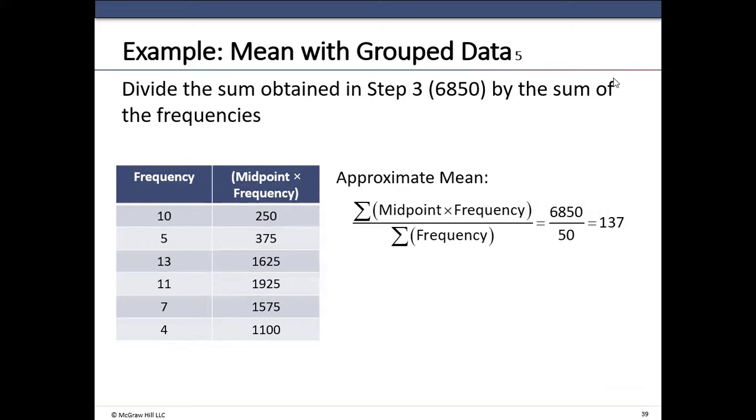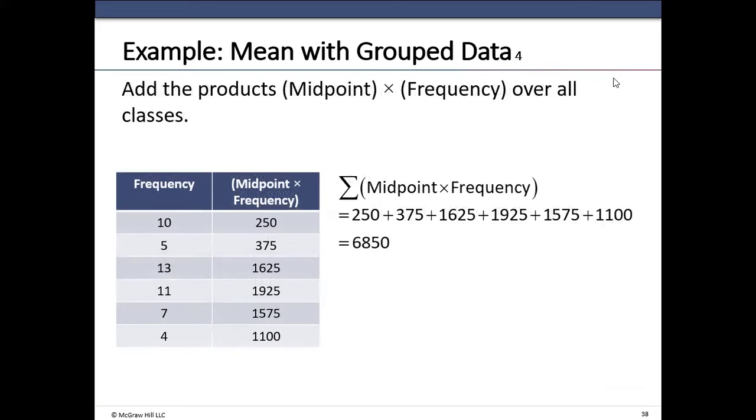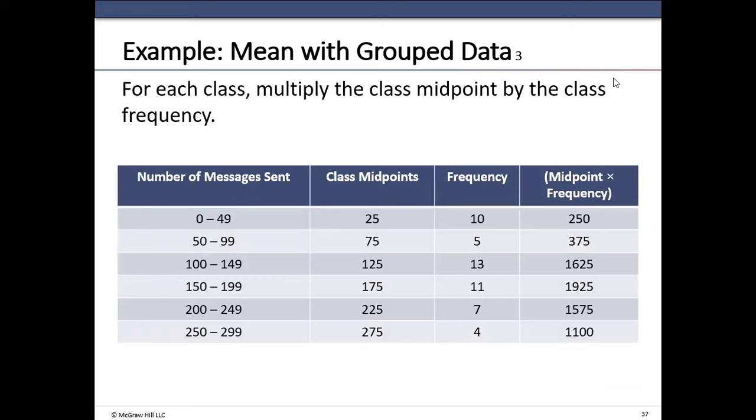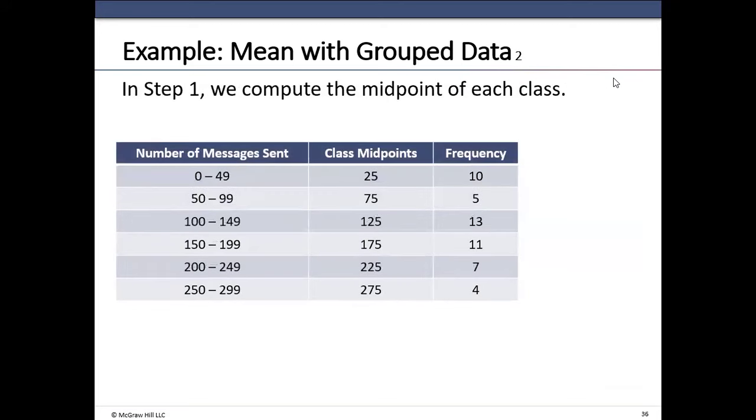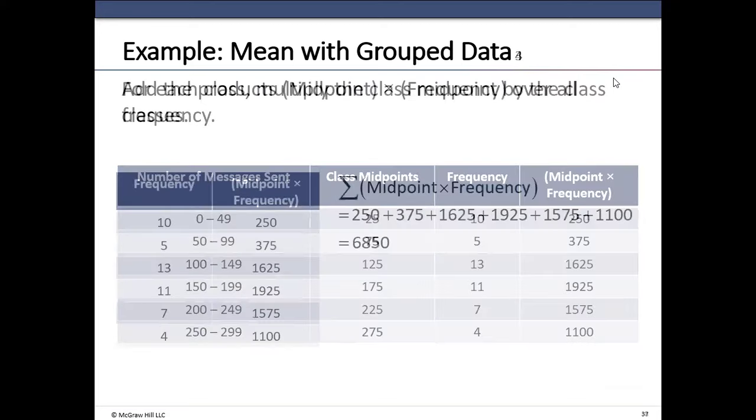Mean is 137. Also, if we look at the raw data, notice the class between 100 and 149 has the highest frequency, 13. And that's where the center of the data set, or the mean, which is 137, is, in between 100 and 149, as you would expect.